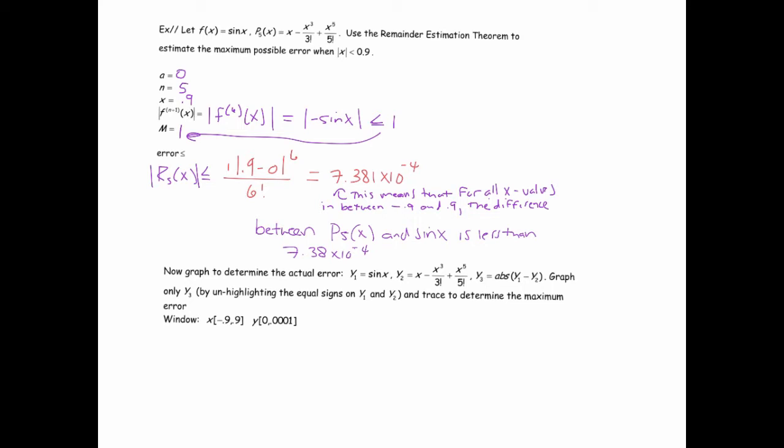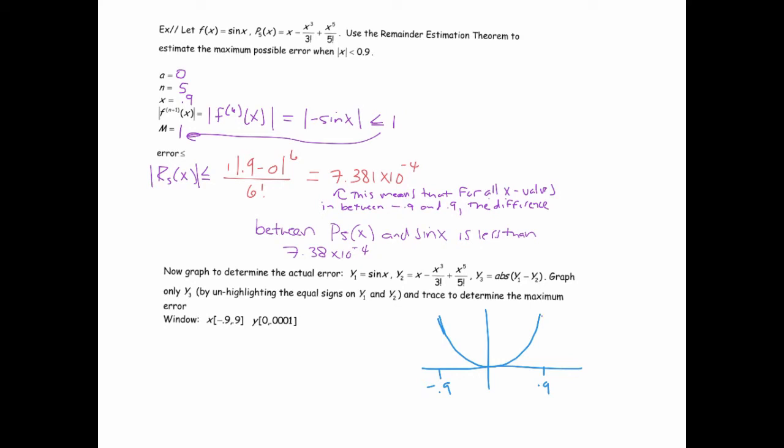So just to make a connection with the graph that we've looked at, if you put these settings in your calculator and graph it on the indicated window, you'll get a picture like this, where that's 0.9 and that's negative 0.9. So you can see the maximum error on this interval clearly occurs at 0.9 or negative 0.9.